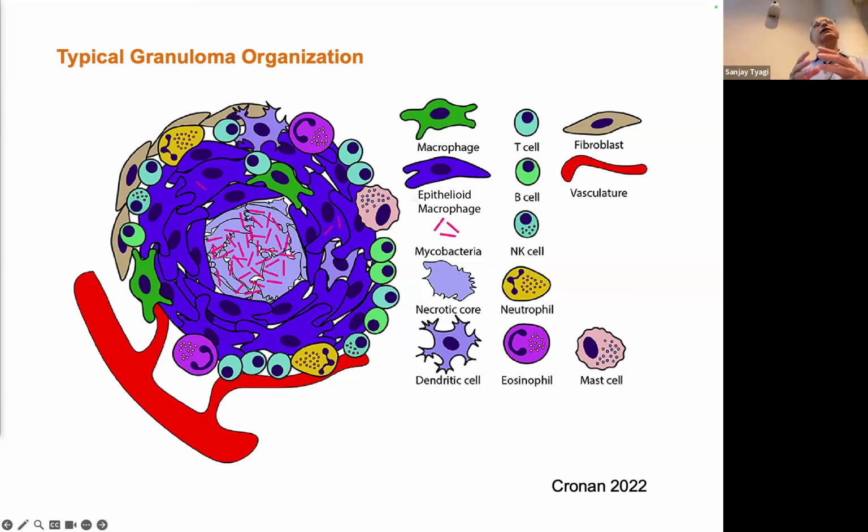and macrophages are the first cells that encounter TB, and they ingest bacteria, but the bacteria mount a number of defenses against the cell that has ingested them.